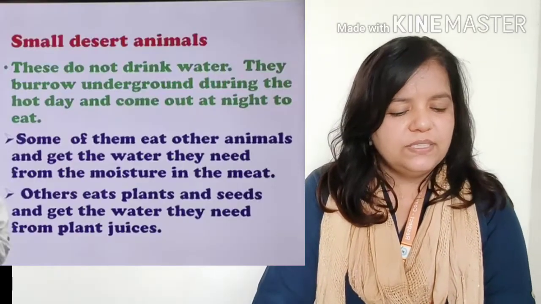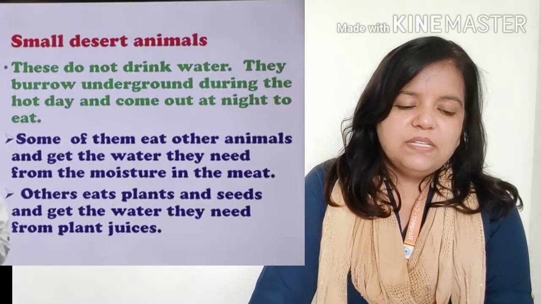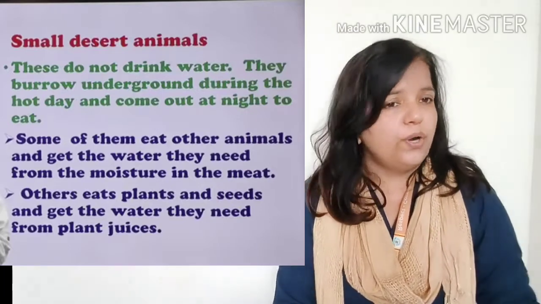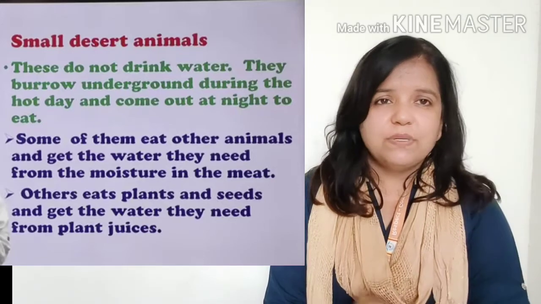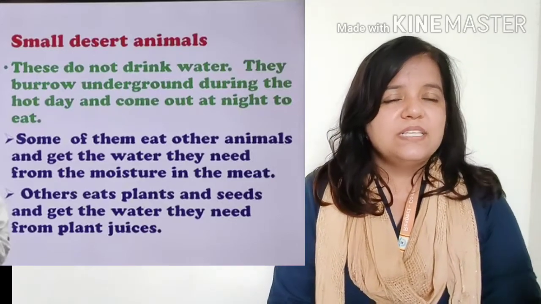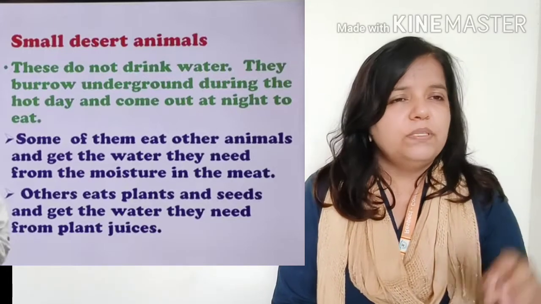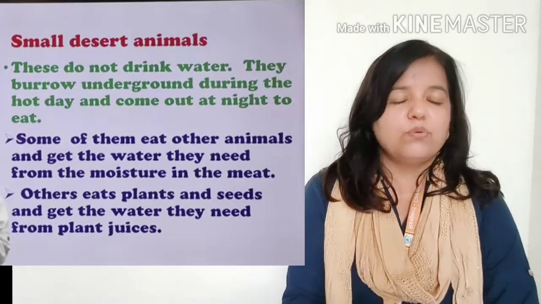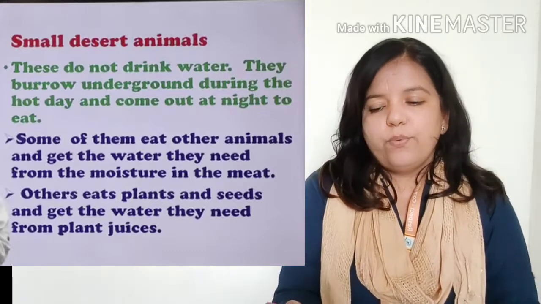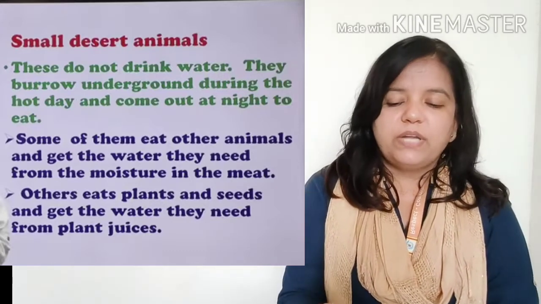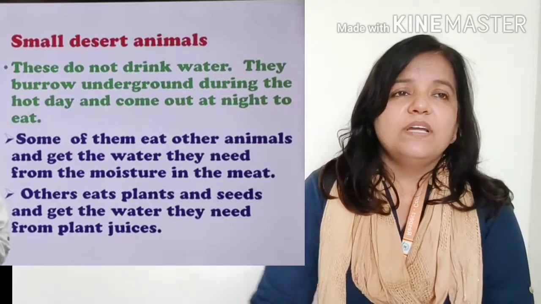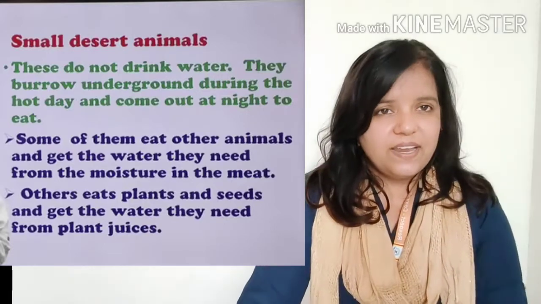Now, small desert animals. What are the small desert animals? When the climate is very hot during the daytime, they go underground, means अपने आप को वो बरी कर देते हैं अंडरग्राउंड, ताकि वो हीट से बचे रहें. But at night time they come out and find something to eat. How do they find it?